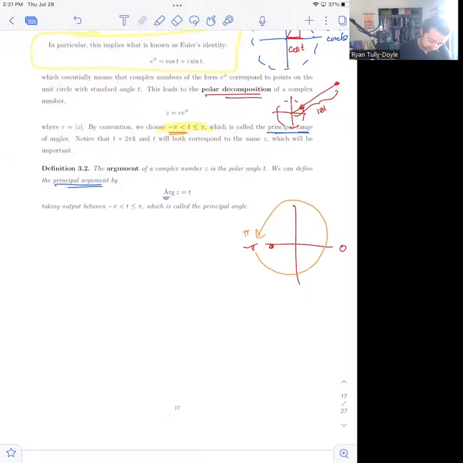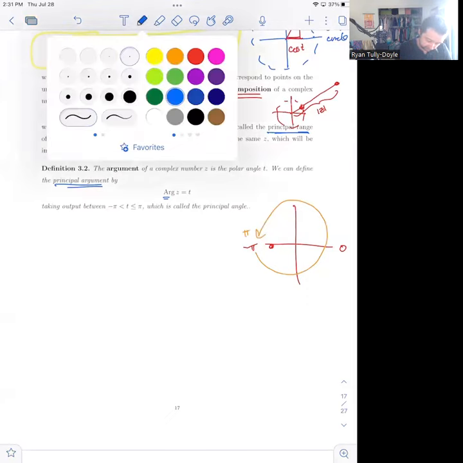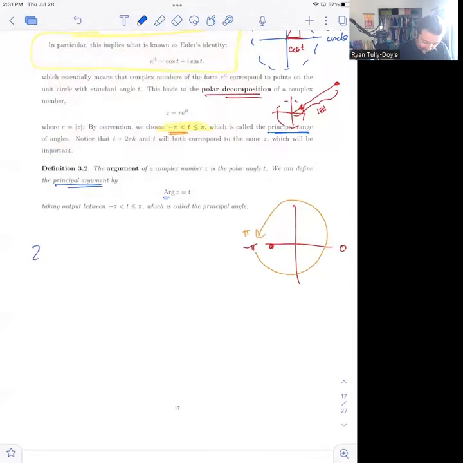If you want some examples here, let z be equal to root 2 plus i root 2. So a perfectly legitimate complex number, carefully chosen so that I can write it in the form 2 times (root 2 over 2 plus i root 2 over 2). This is a unimodular number inside the parentheses, that is, a number on the unit circle, because it's easy for me to pick out the angle.